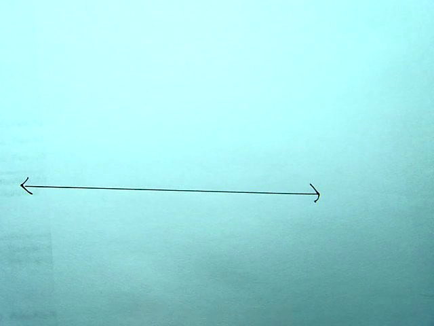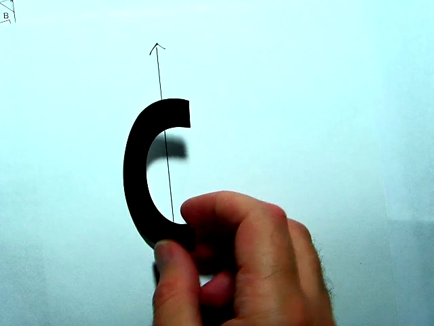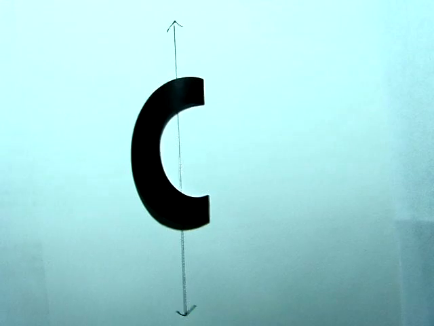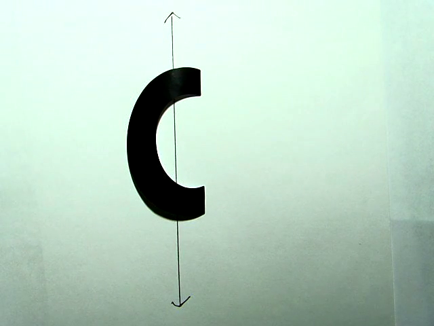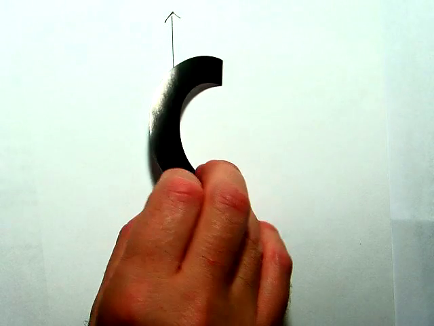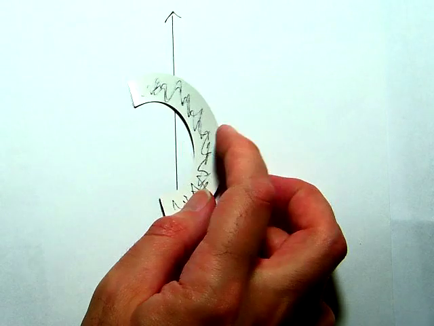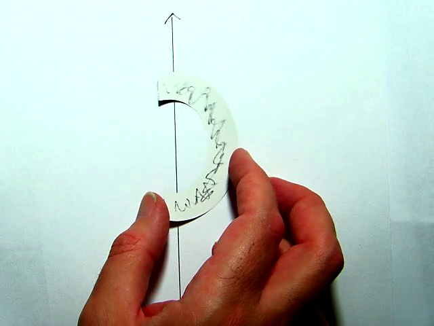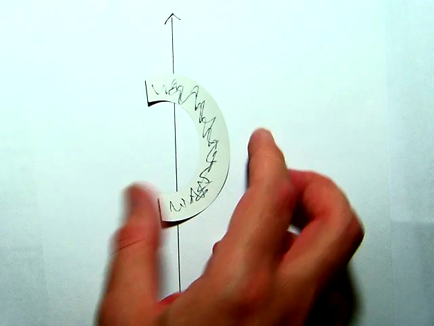Okay, let's look at the letter C. Let's go back to a vertical line. Let's ask the question, does the letter C have a vertical line of symmetry? So again, we have to flip it over this line. Does that look like the letter C? I don't think so. So the letter C does not have a vertical line or axis of symmetry.